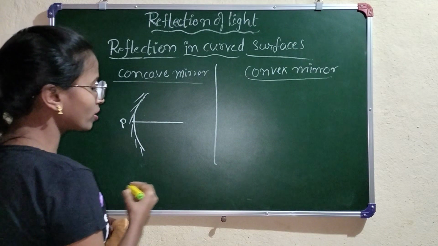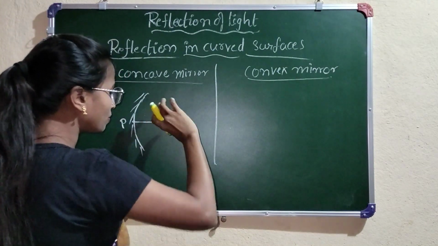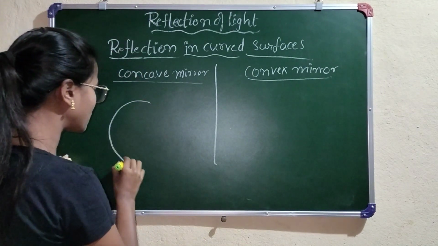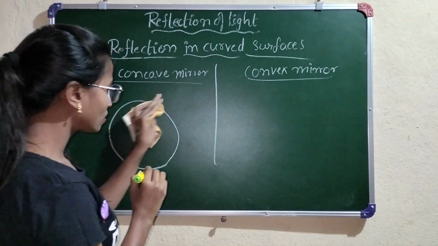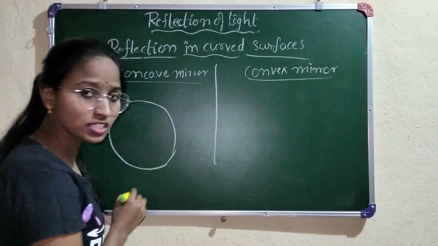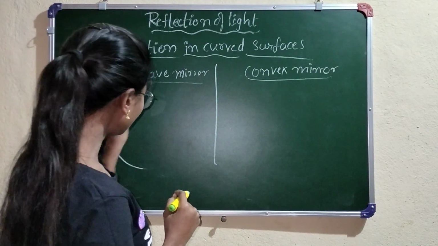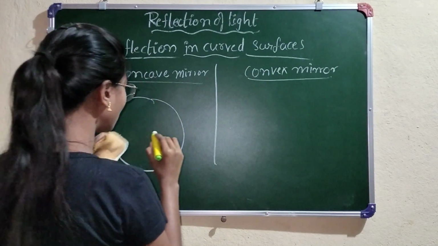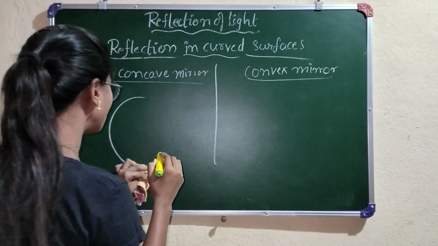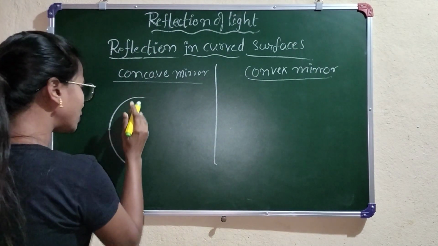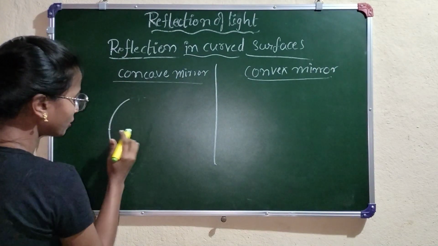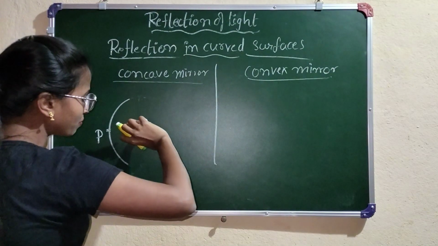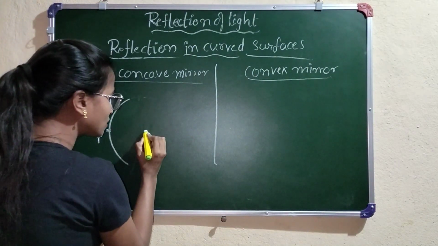We are taking this mirror from a particular sphere. If it is a sphere, we are taking a half curve from the sphere. So this half curve, the middle point of this curve we are calling the pole. But from where we are taking it, that mirror has some center, right?